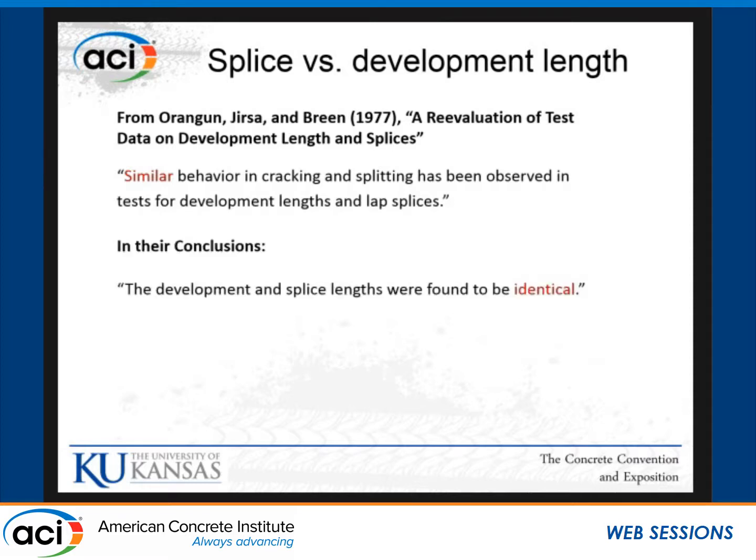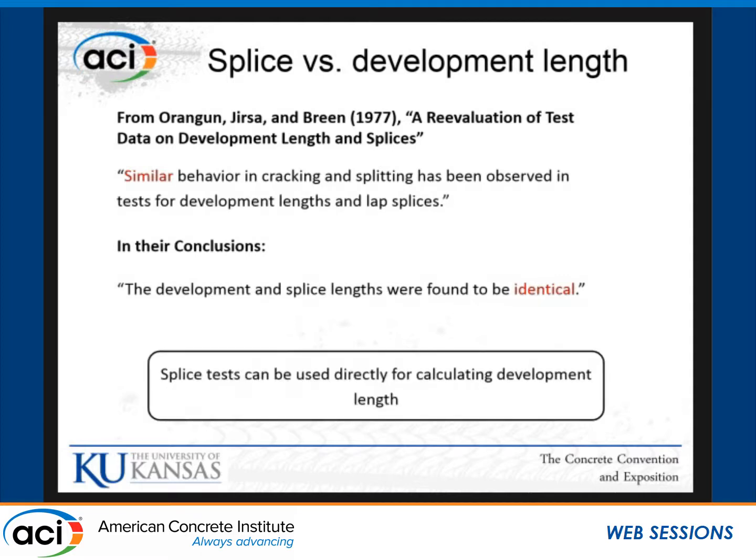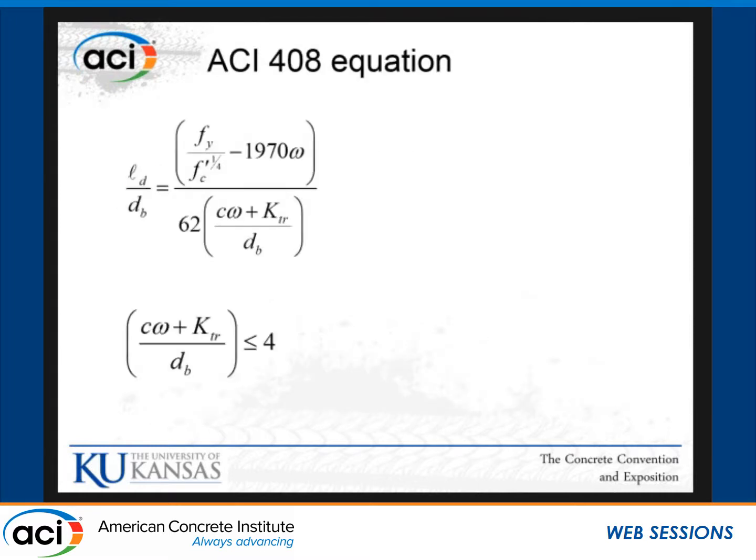And they concluded that the development and splice lengths were found to be identical. So that's telling us that splice tests can be used directly for calculating development lengths. Noting that the ACI 318 equation was based on the recommendations from Orangun, Jirsa, and Breen.